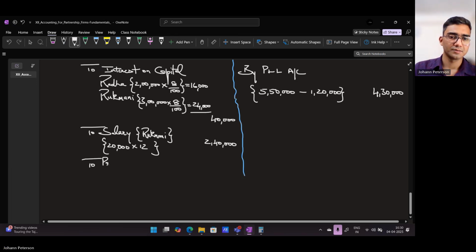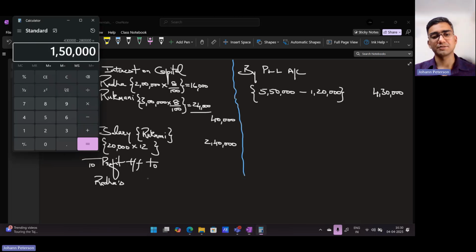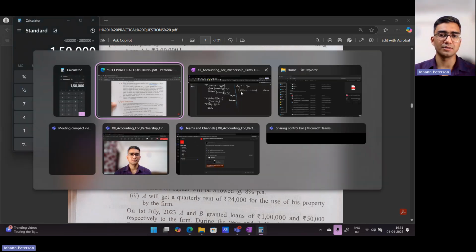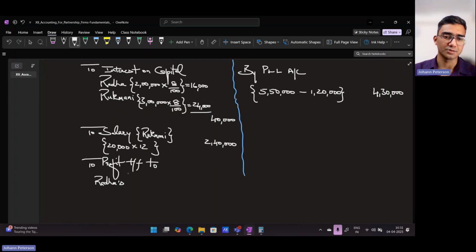So to profit transferred to Radha's. Now, which account do we have to transfer it to? What is given to us in the question? It's given that they have fixed capitals, or they follow the fixed method. Therefore, we will have to write current account here, because all these things we show in the current account. So to Radha's current account.